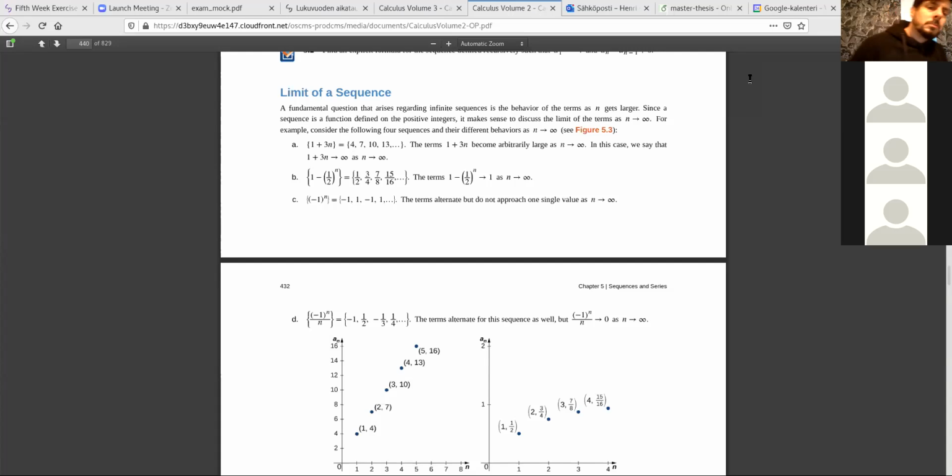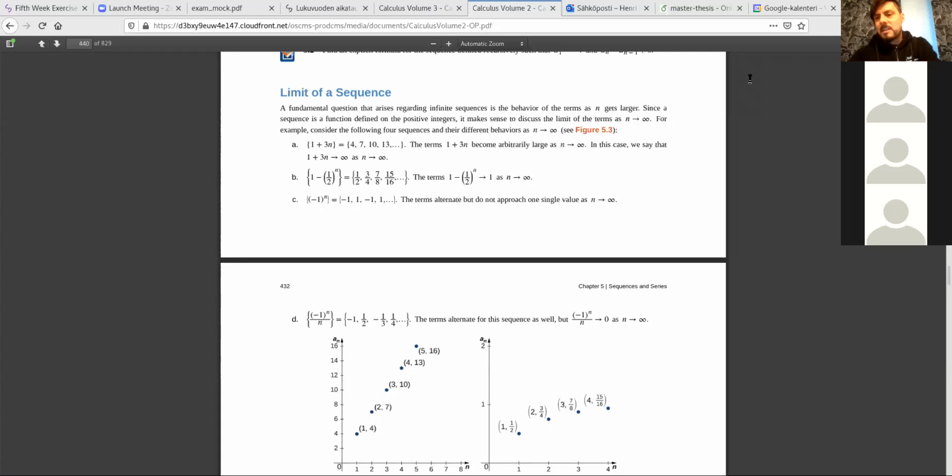Also, this minus 1 to the power of n doesn't have a limit. It doesn't grow, but it doesn't have a limit. And we would like to define what the limit means. It doesn't have a limit because there's no single value which it approaches.